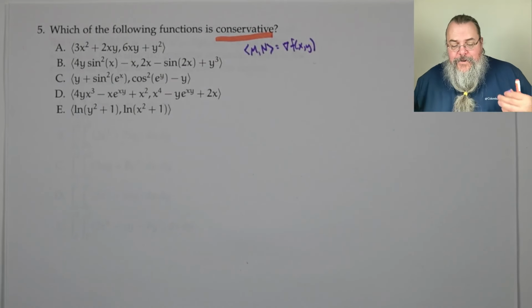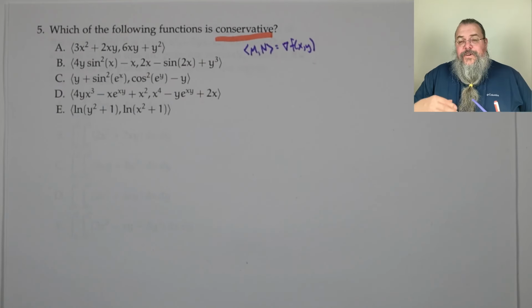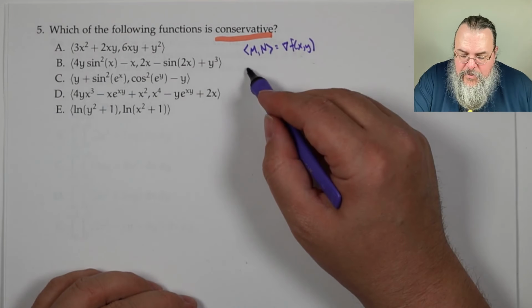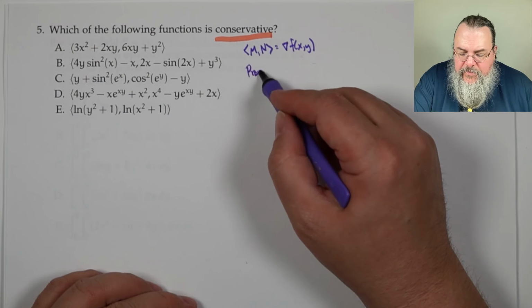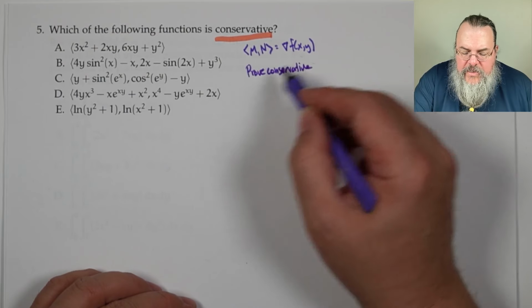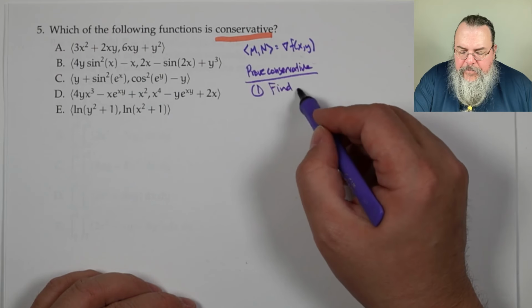Now, how do we show something is conservative? Well, there are 2 ways you can do it. One way is you could find an f. That's strategy 1, so to prove conservative, find f.